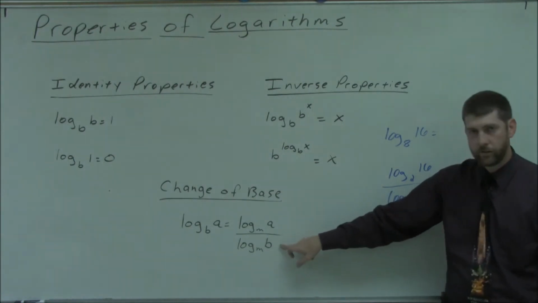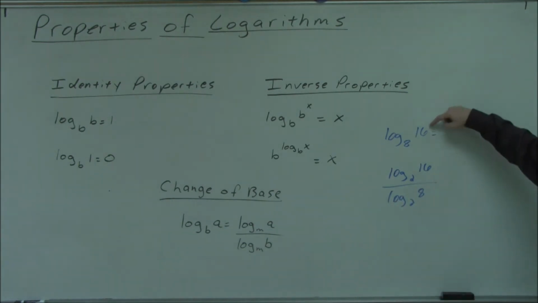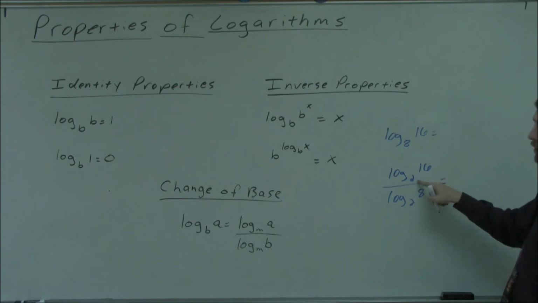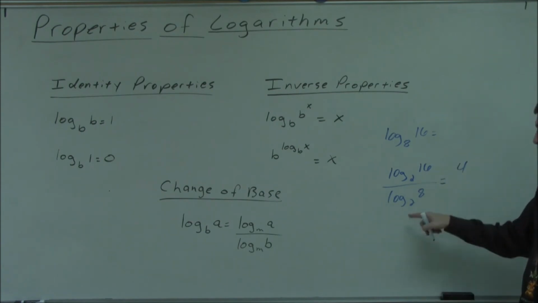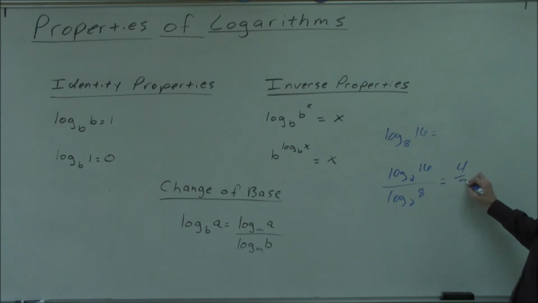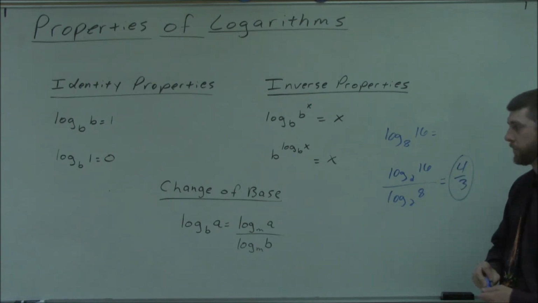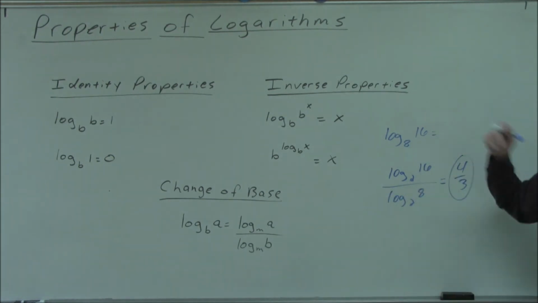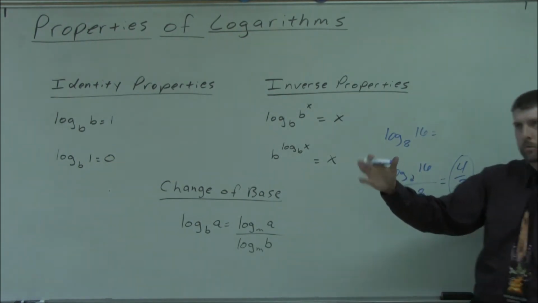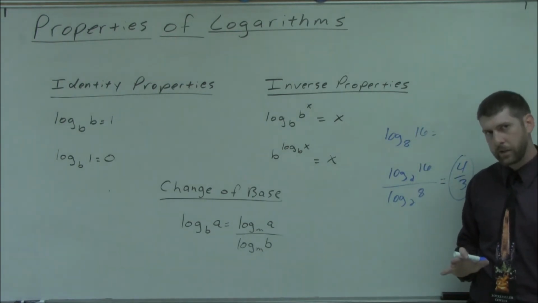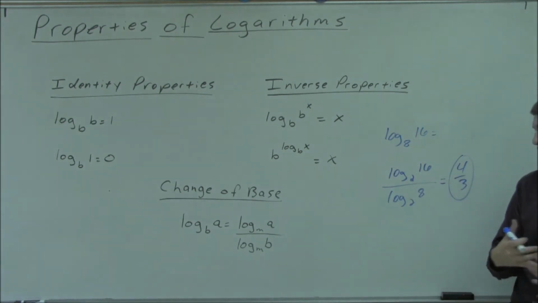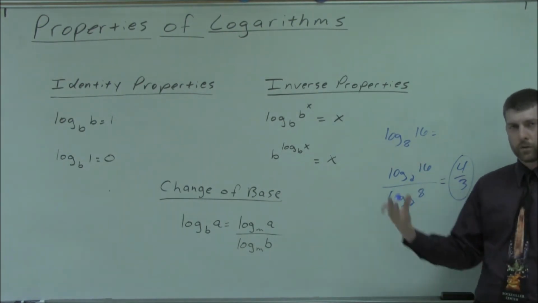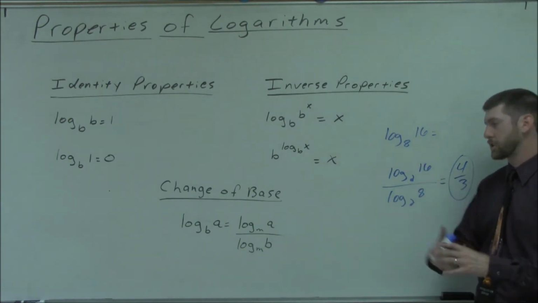Log of the log value divided by log of the base. So 2 to what power equals 16? 4. 2 to what power equals 8? 3. So there's the same 4/3 using the change of base formula. And that's where the change of base formula comes from. Think of it kind of like the quadratic formula, where we went through all these steps of completing the square and then got to this big, beautiful equation of the quadratic formula by doing it in a generic form.